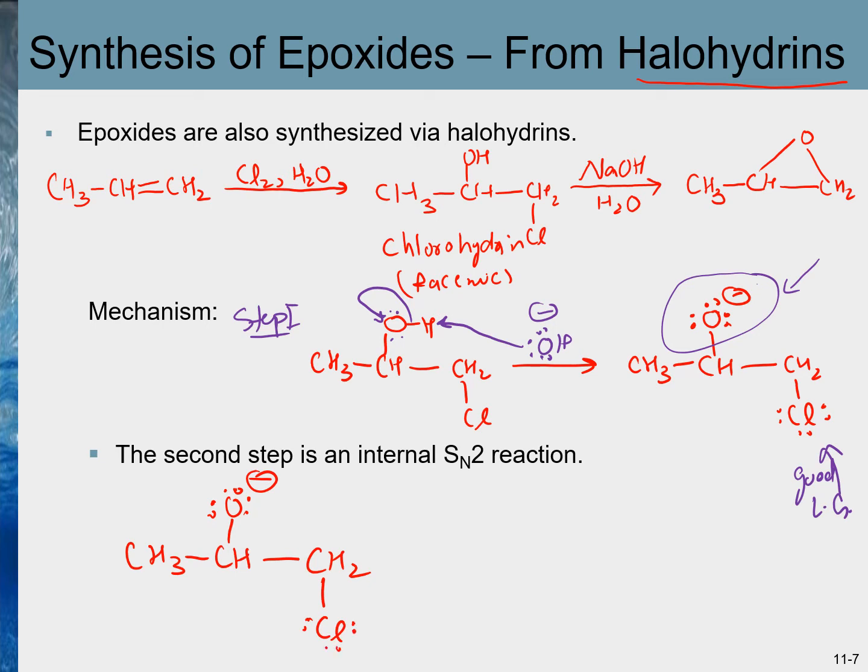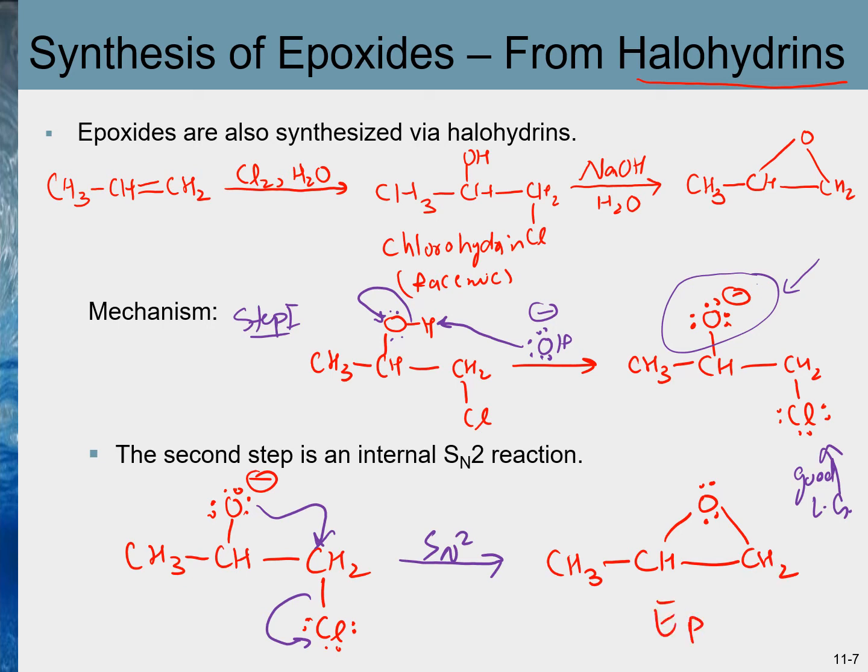So this will be an internal SN2 reaction, and it will result in formation of an epoxide. The name of this particular epoxide is methyl oxidane.